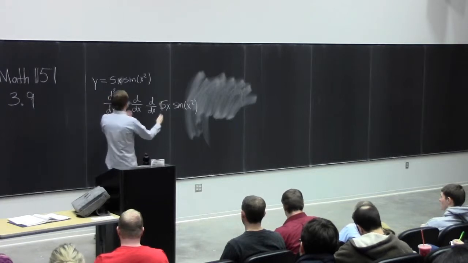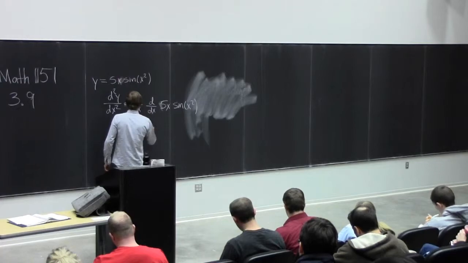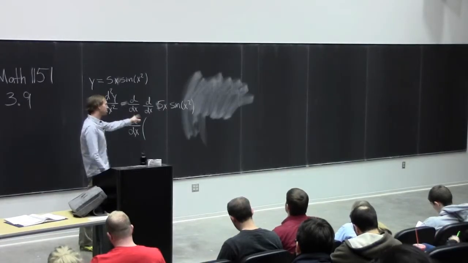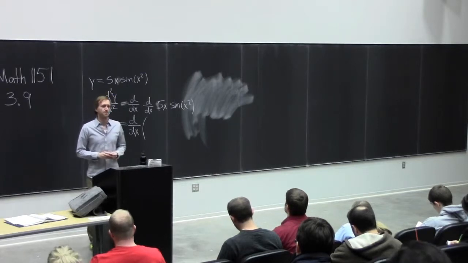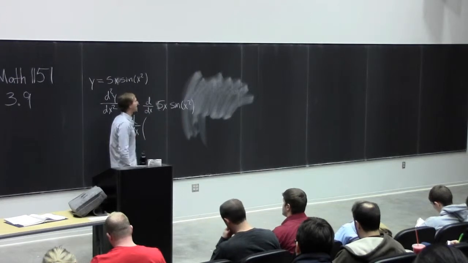Okay, so now let's do this. This shouldn't be so hard. So this is the derivative with respect to x of whatever this is. So what rule do we have to use first here? The product rule. So we take the derivative of 5x.